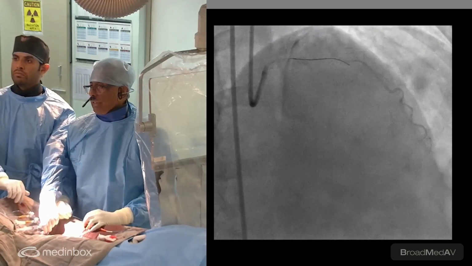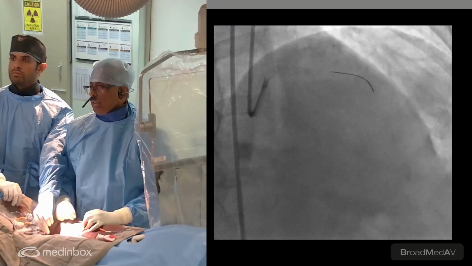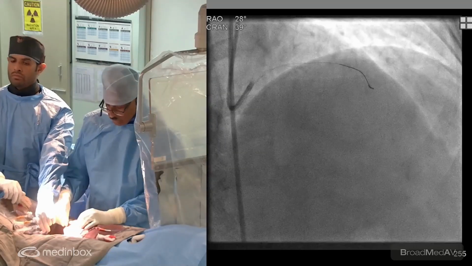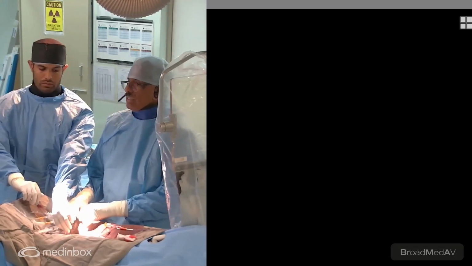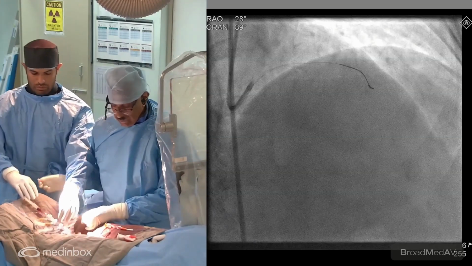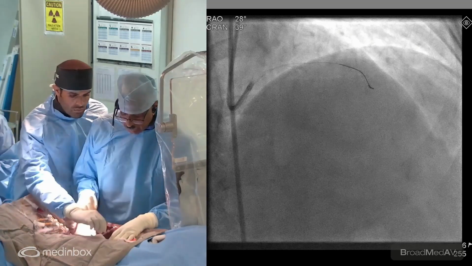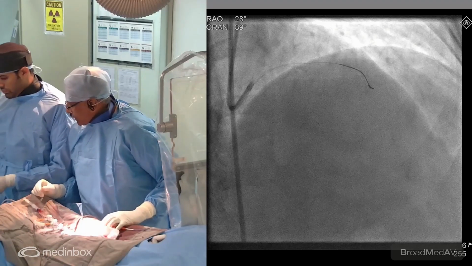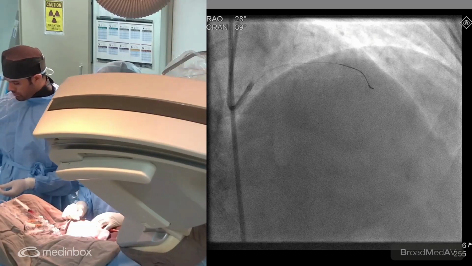What we'll do next is, after we wire the diagonal, we'll get a wire into the LAD. The aim of this case is to show a simple bifurcation with calcification and how we deal with it. We use quite a lot of imaging in our hospital; almost 30 to 40% of our patients get imaged with IVUS and OCT.